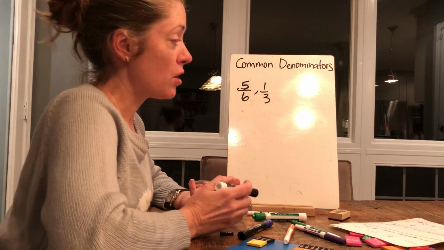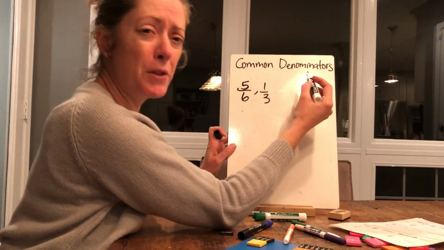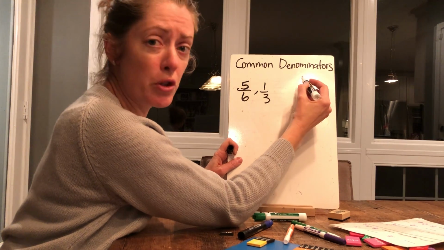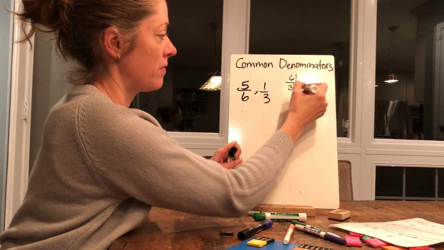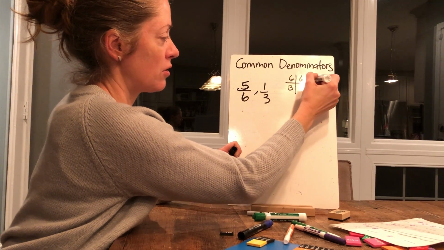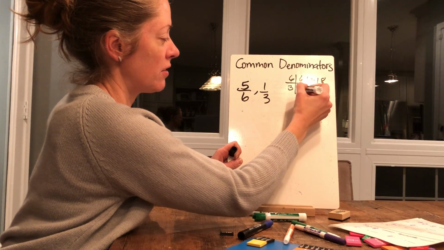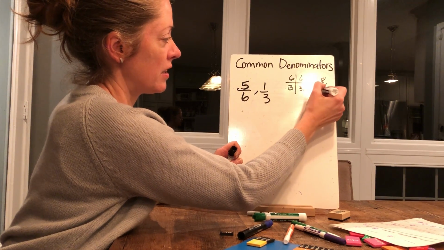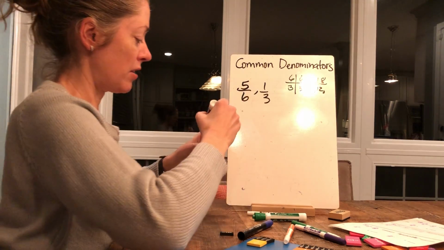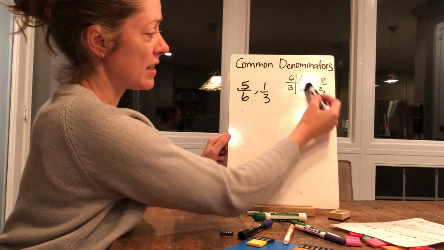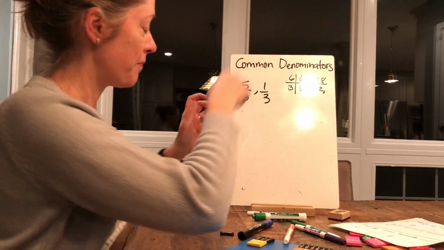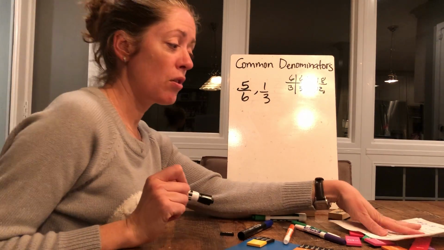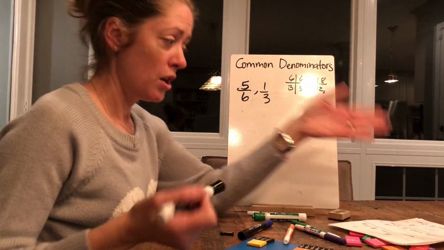Any of those could be a common denominator. And if you ever get stuck, you can always do your multiple chart to the side. 6, 12, 18; 3, 6, 9, 12, etc. And then you can see, oh look, 6 and 12 are common ones. So in this instance, there are several correct answers.